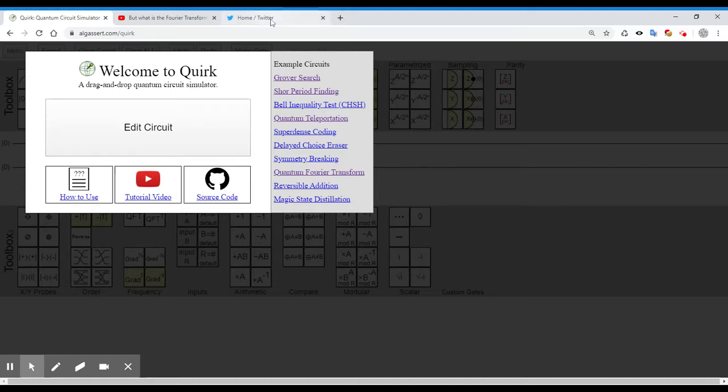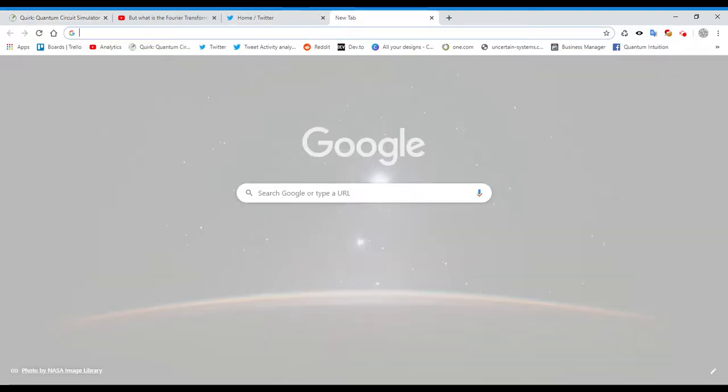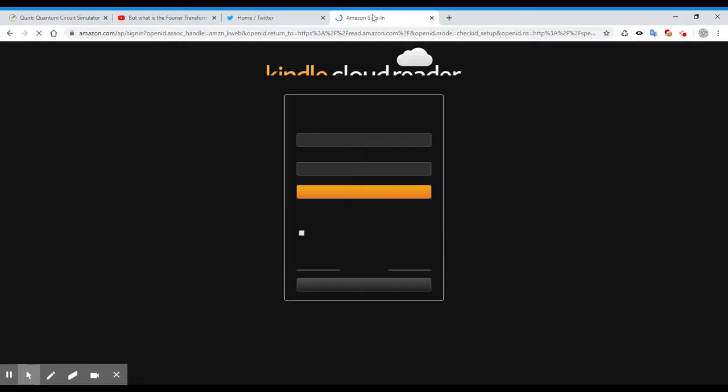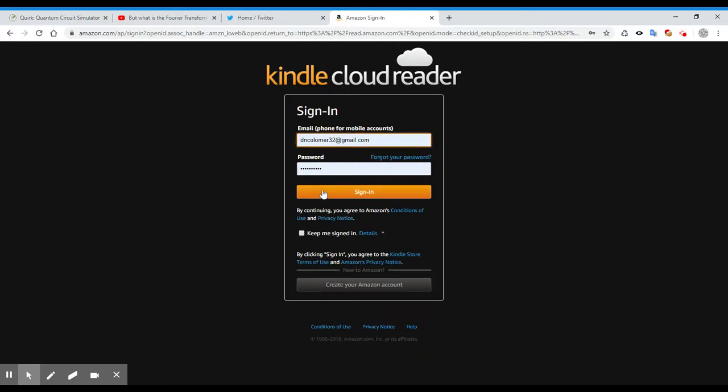In the O'Reilly book, can I just go to my Kindle Cloud Reader? Am I still going to have access? I don't know if I have the actual thing paused, but is it going to allow me to access the books?